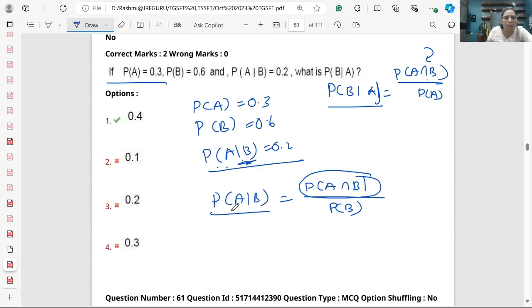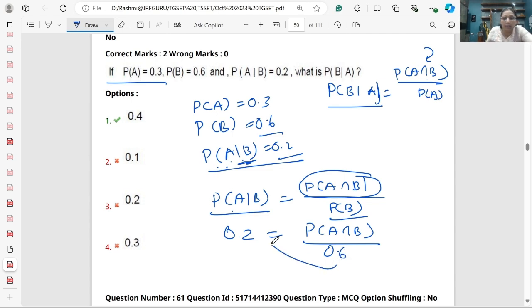Put this value: probability of A when the condition B is given is 0.2, and probability of B is 0.6. I will multiply this and I will get probability of A intersection B as 0.12. Now put this value in this.